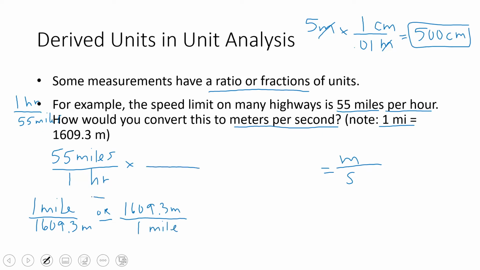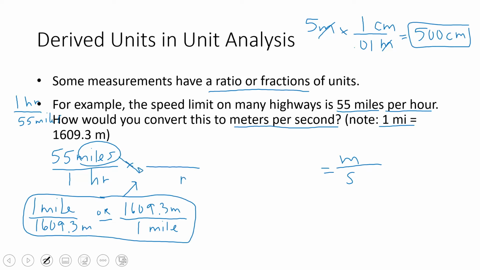So now we're going to use one of these two conversion factors up here. I need to get rid of miles. Here's miles. And remember, in order to get rid of miles, I need to have it diagonally down here in order for them to cancel out and to cross them off. So if I have miles down at the bottom and I want meters, look over to the right, I need meters on top.